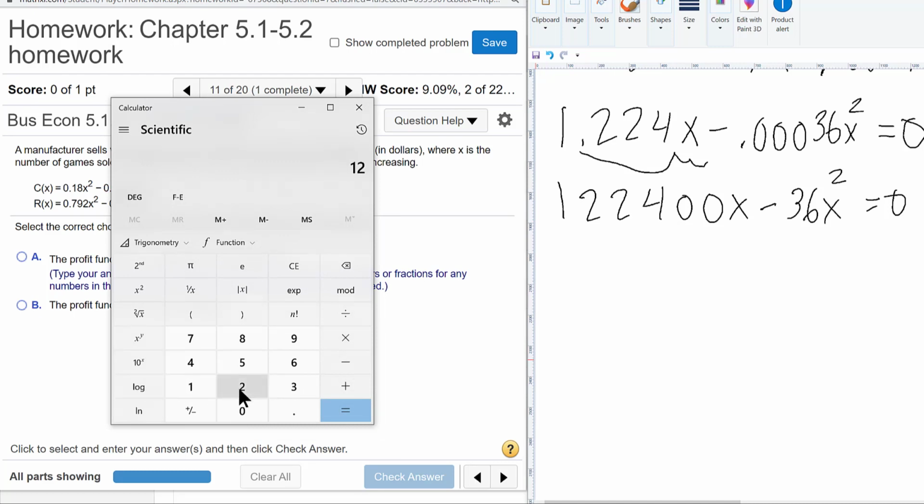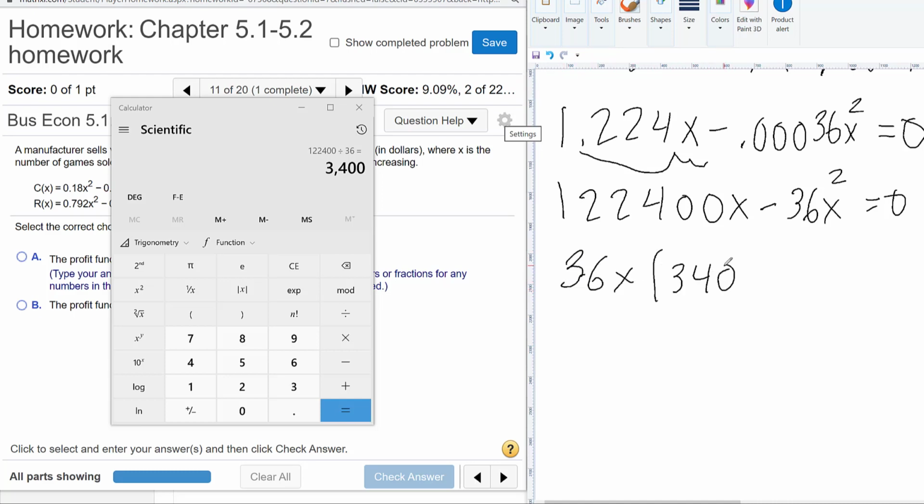1, 2, 2, 4, 0, 0 divided by 36 goes exactly 3,400 times. So that means I can factor out a 36x, and I'll get 3,400 minus x equals 0. This gives me 2 relatively easy to solve equations.